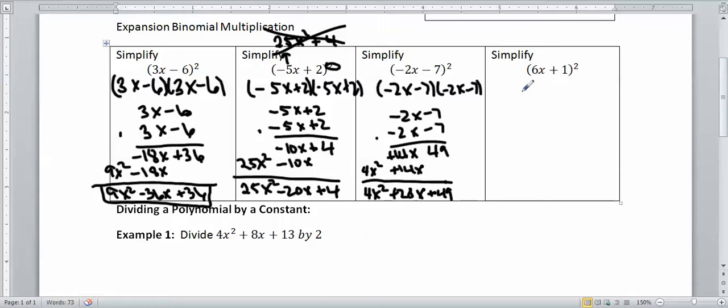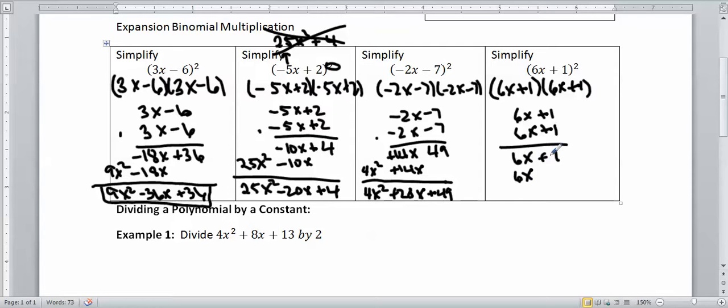Okay, and then the last one, we get 6x plus 1 times 6x plus 1. Multiply, put one over the other. So 6x plus 1, 6x plus 1, and then multiply. 1 times 1 is 1. 1 times 6x is 6x. 6x times 1 is 6x. That's a positive one.